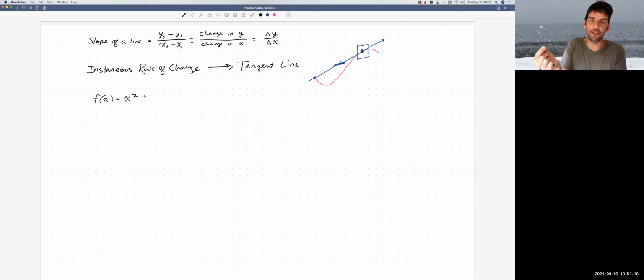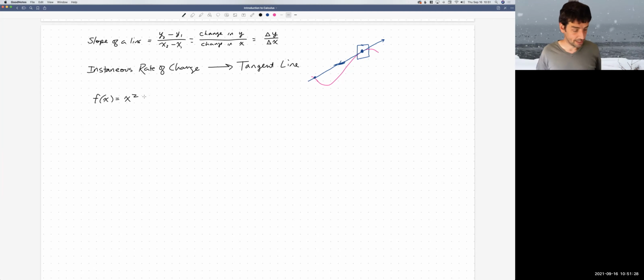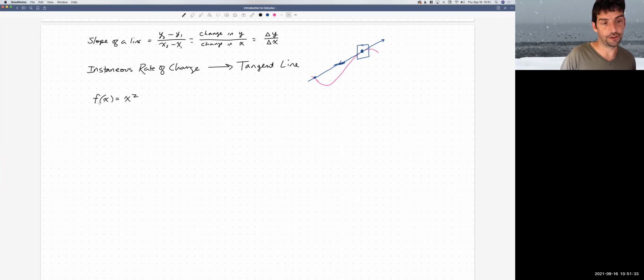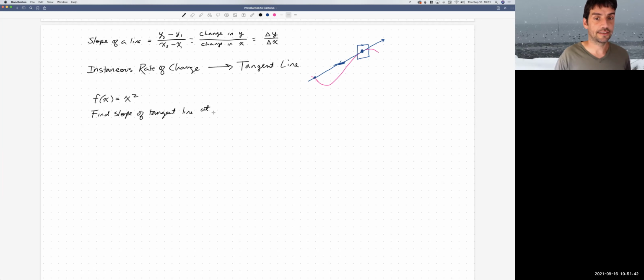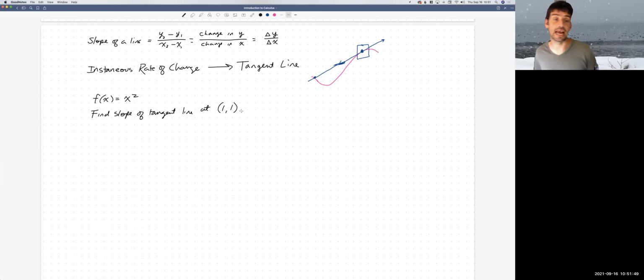If I look at one that's further away, I get an okay approximation, and the closer I make that point to the one I'm interested in, the better an approximation I get of the tangent line. So we want to find the slope of the tangent line at (1, 1). This is equivalent to finding the instantaneous rate of change for this function at that point.